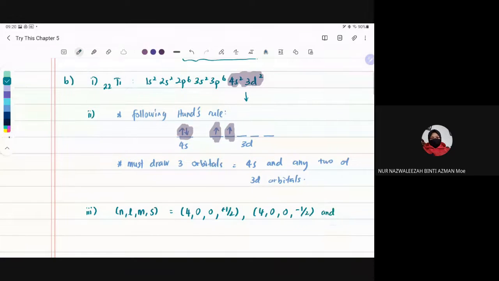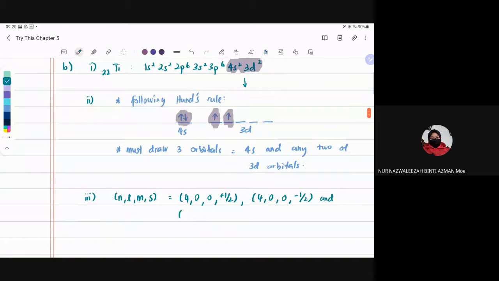And 3, 1... 3, 1. Okay. Dekat sini kalau kita tengok, kita akan bagi 4 set of quantum numbers. So the first one here, second one, the third one, fourth one.